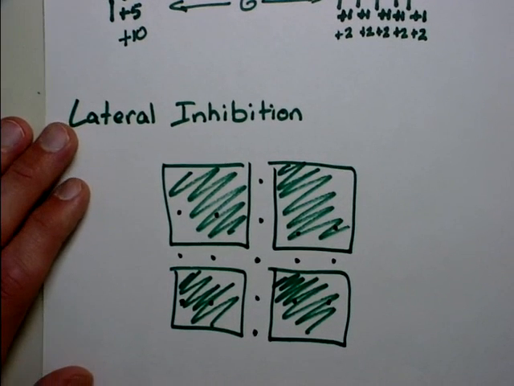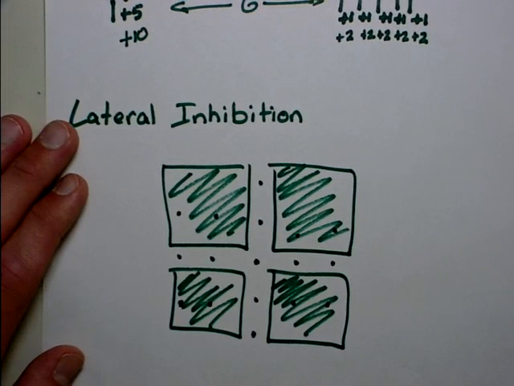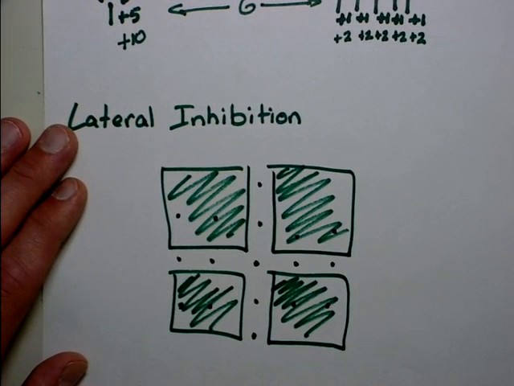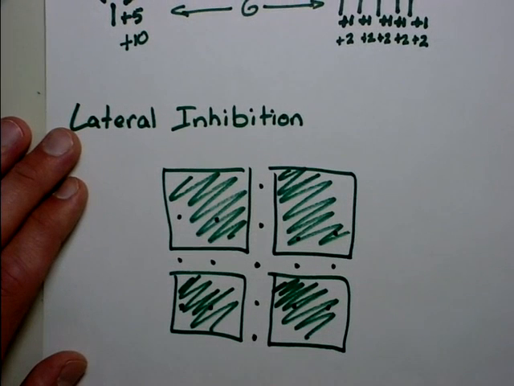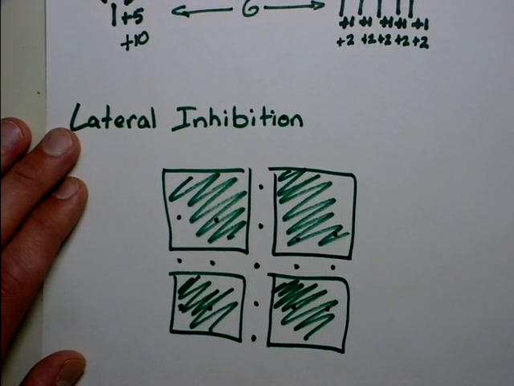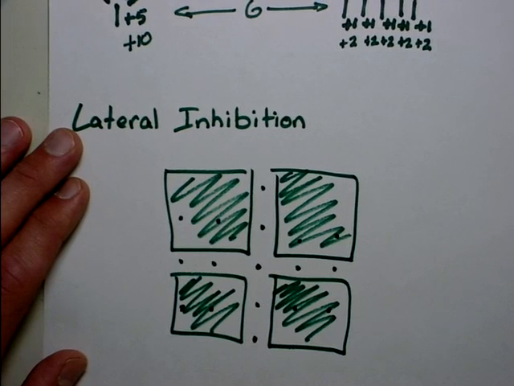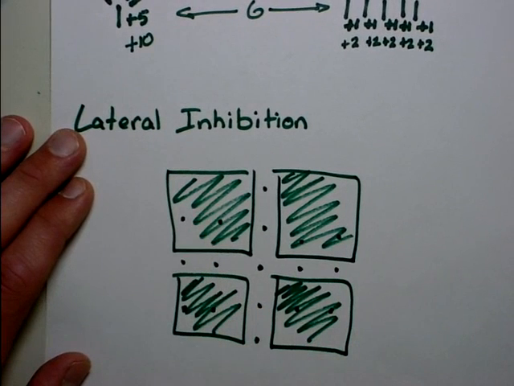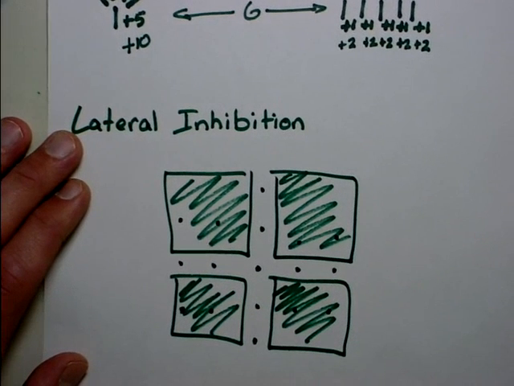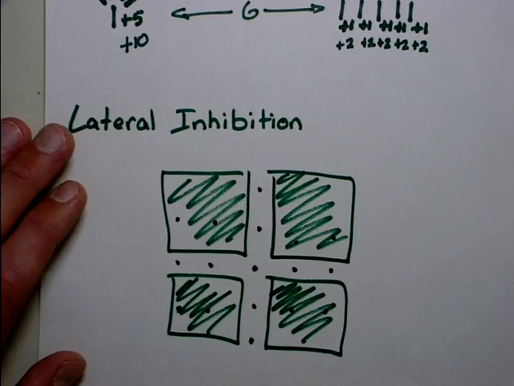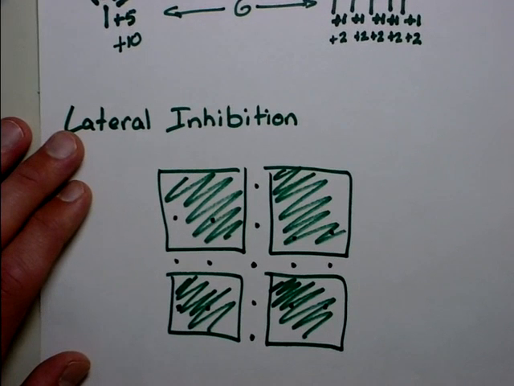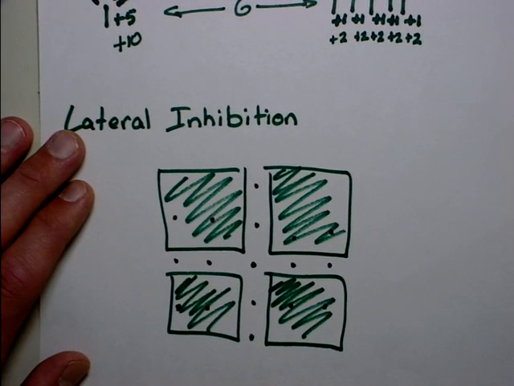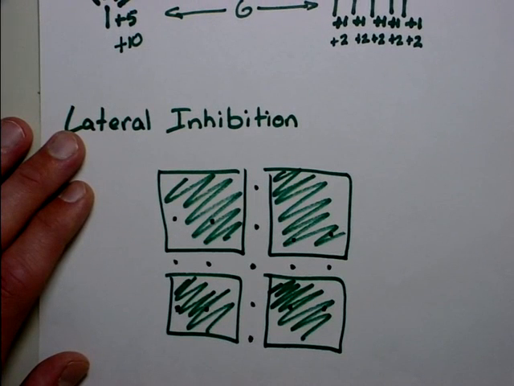Now, let's say that all the cells in the white spaces are receiving 10 units of intensity. All the ones that fall in here are receiving 0. Let's say that each cell inhibits its partners by 20% of its intensity. Are you with me on that?